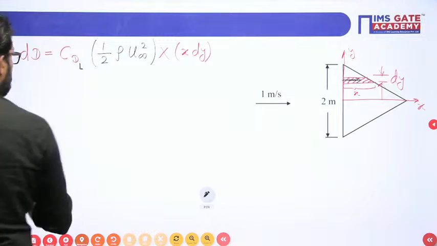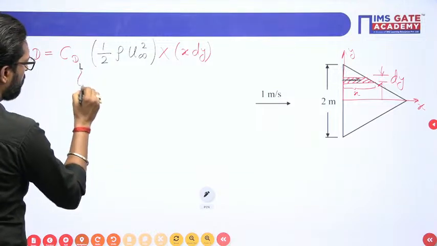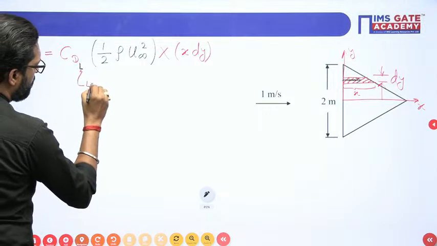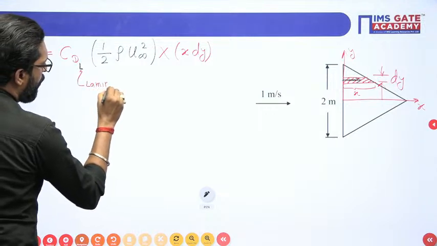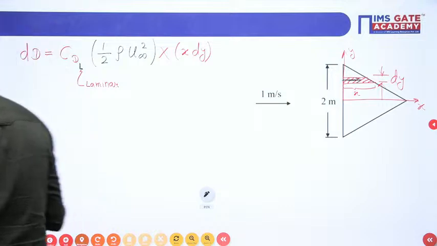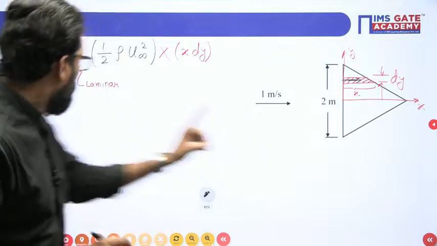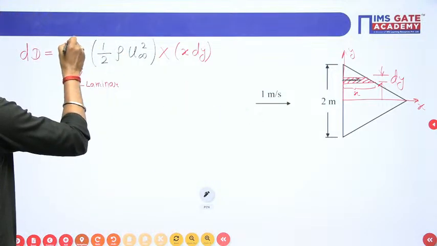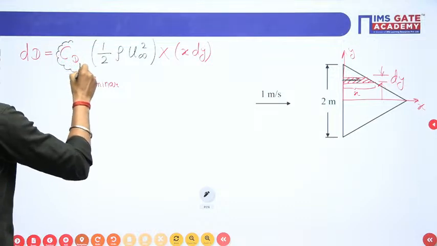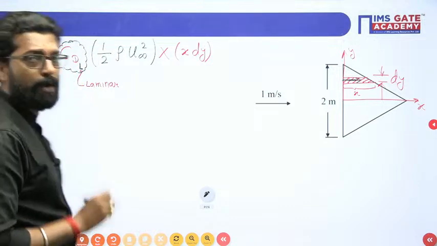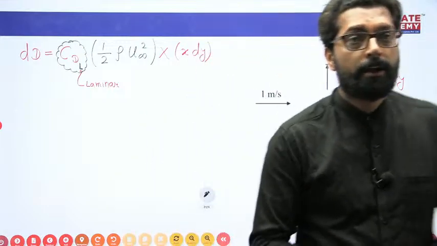Now, this L is for laminar. My dear, please listen carefully here. You don't have the drag coefficient value, yes or no? In the question, it is not given. So how to solve?